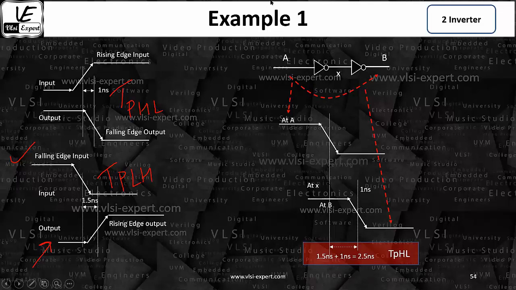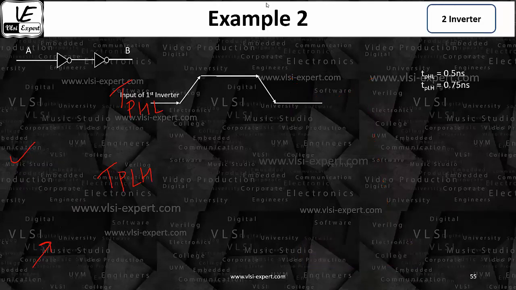That's the reason. If you're not clear here, let's see this particular example. Here also two inverters are connected back to back. Now TPHL is 0.5 and TPLH is 0.75. The question people usually ask is: what is the propagation delay, what is the TPLH for this particular system?